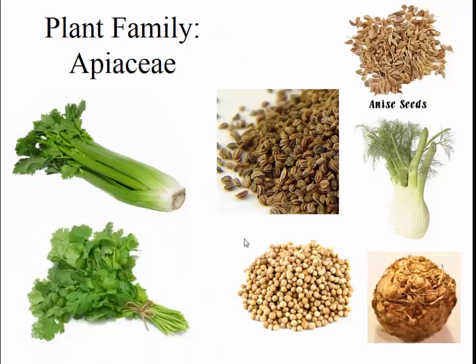The Apiaceae, or the carrot and celery family, shown here on the left is celery and celery seed, coriander here, as well as cilantro, anise and anise seed, and then celeriac, which is the root of the celery plant.